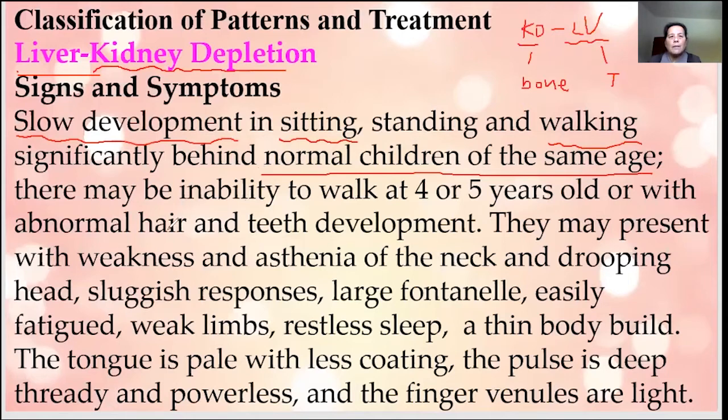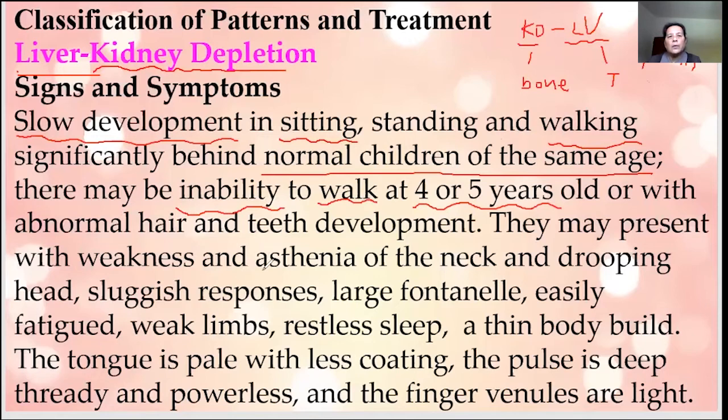Compared with normal children, they are slow. So how slow is slow? Normally children can walk around 1 year old, some slower, maybe 1.5 years. Generally by 2 or 3 years, they can totally walk. But sick patients, even at 4 to 5 years old, are still not able to walk.